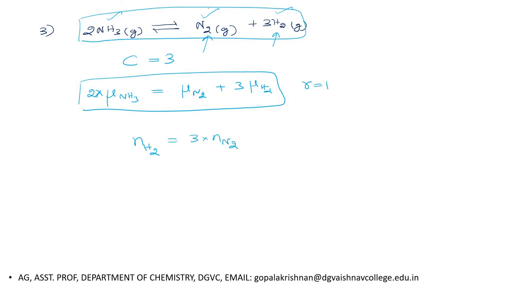Is it correct? Because when 1 mole of nitrogen is formed, at the same time you will get 3 moles of hydrogen. So number of moles of hydrogen should be thrice the number of moles of nitrogen. And if you divide this by total number of moles, you can write mole fraction of hydrogen should be equal to thrice the mole fraction of nitrogen, right? So in this case we have an additional equation, Z equal to 1.